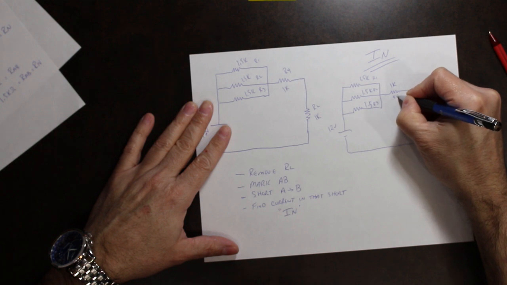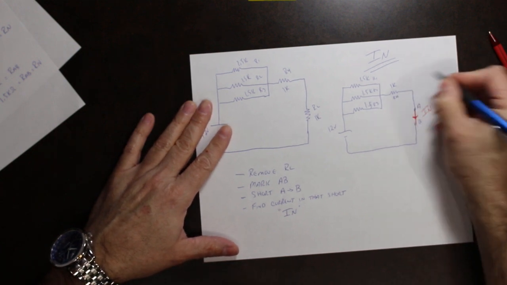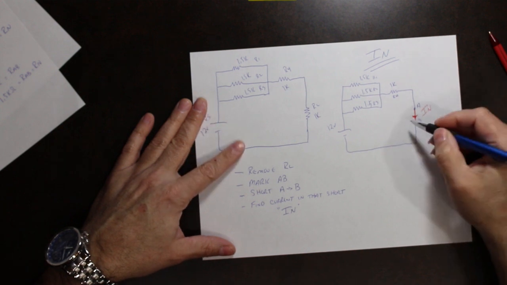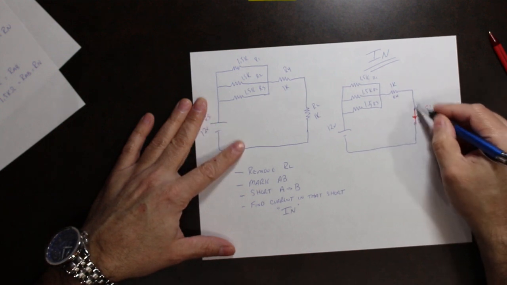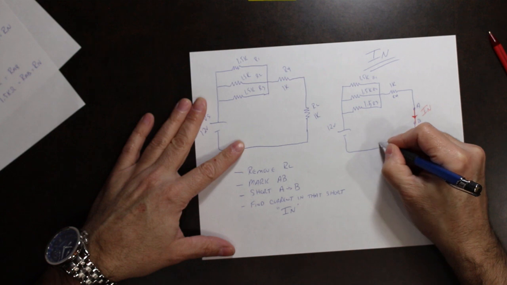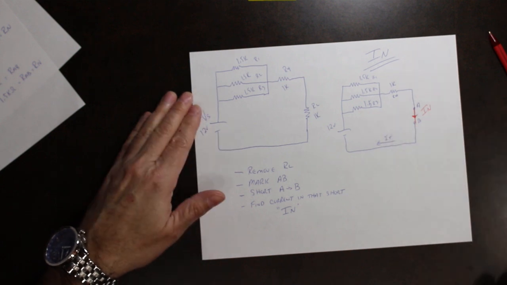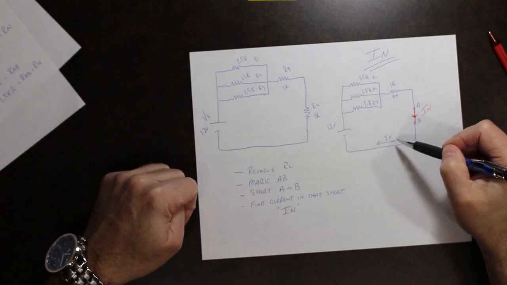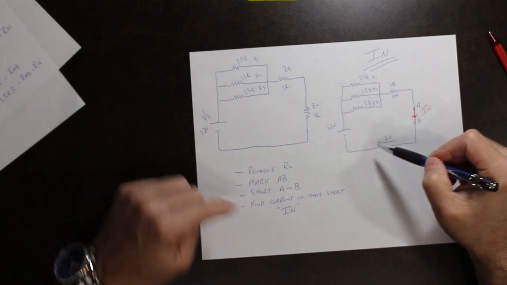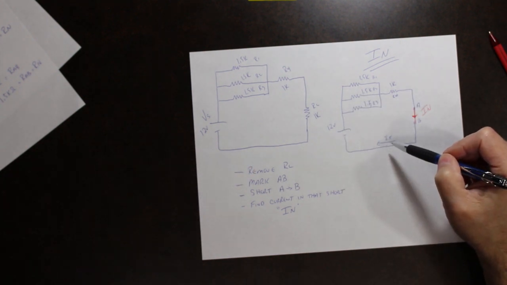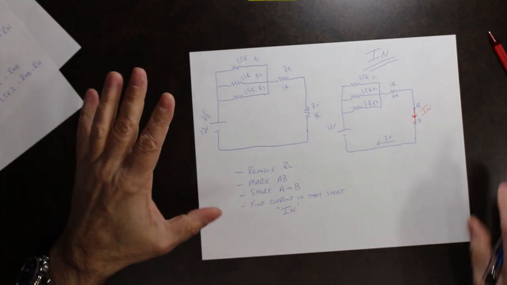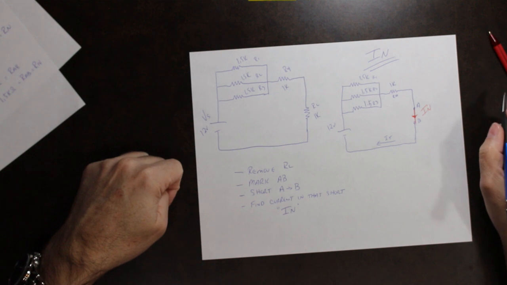This is R4. The current flowing through there in this example actually happens to be I total. So if we were able to calculate I total, that would be the current flowing through that line. Again, this is just for this example.